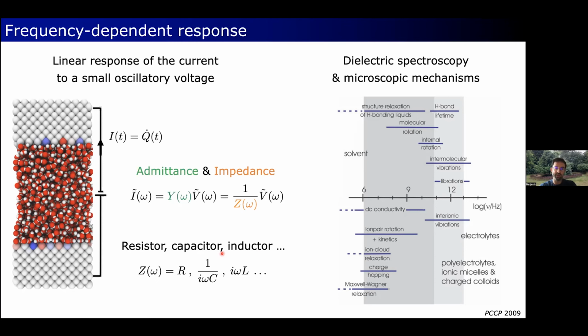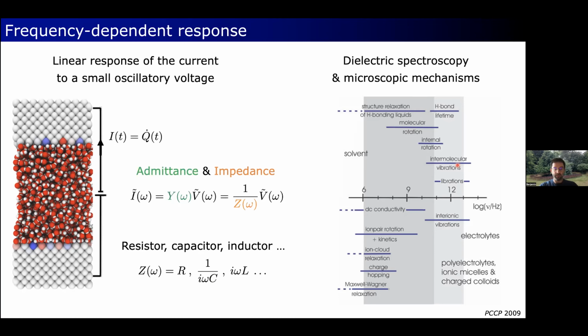So for low frequencies, you can use electrochemical impedance spectroscopy, or at higher frequencies, this corresponds to dielectric spectroscopy, which people try to relate to microscopic mechanisms. For example, ion pair formation and dissociation, the ion cloud relaxation, molecular reorientation, H bond defects, reorganization, and so on.